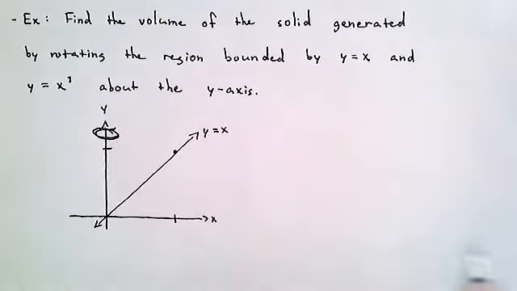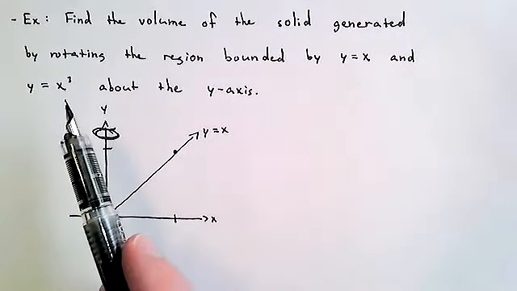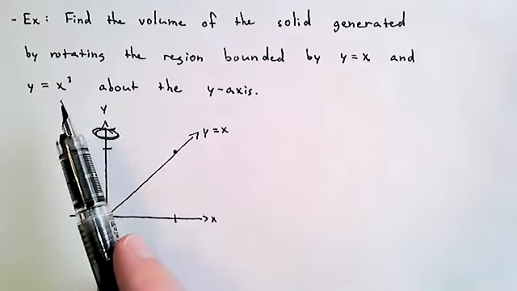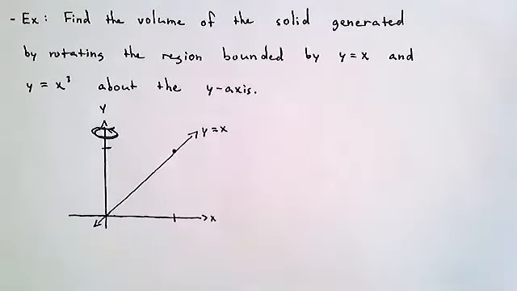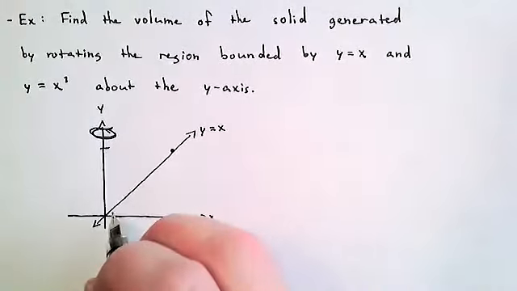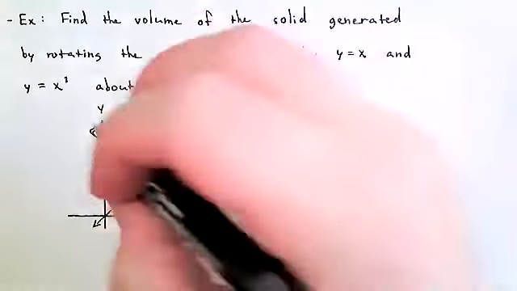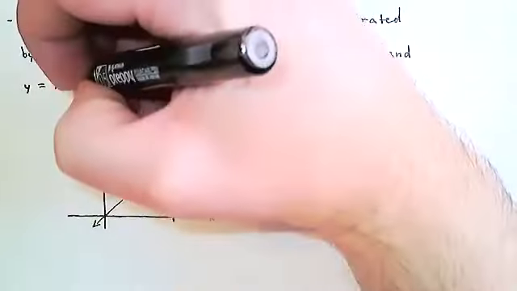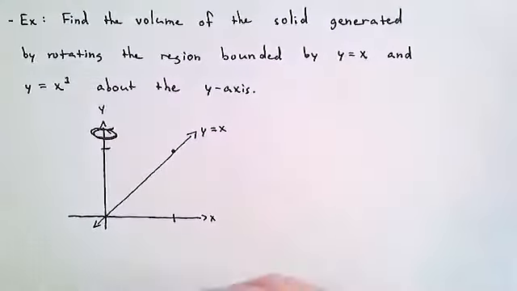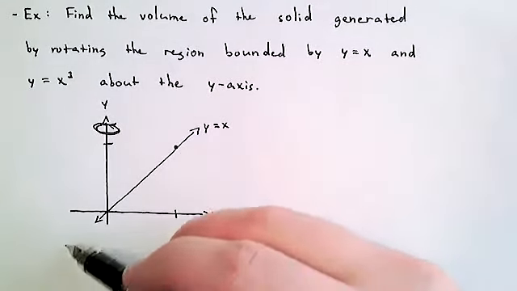And then go ahead and graph this cubic function y equals x cubed. And what you should remember about y equals x cubed is that it looks something like this.